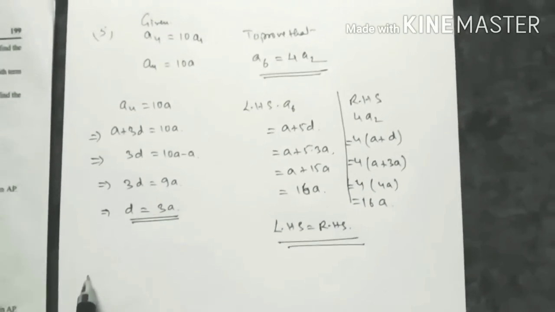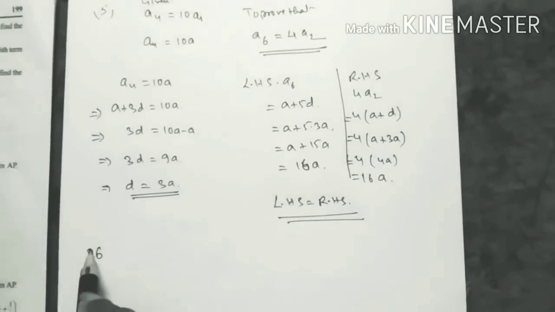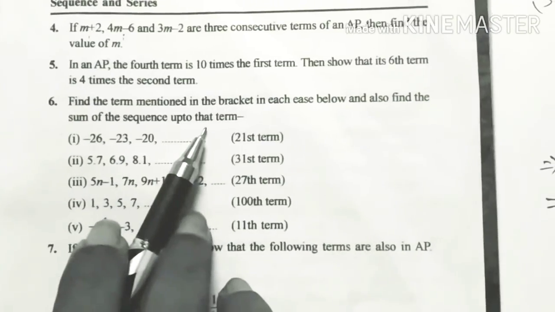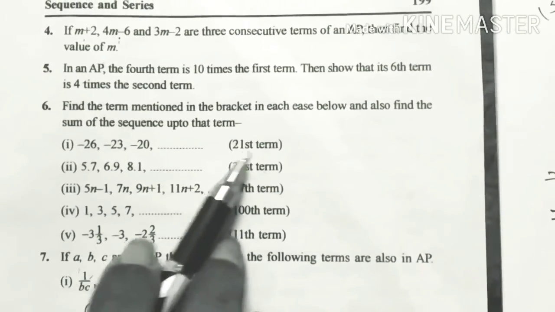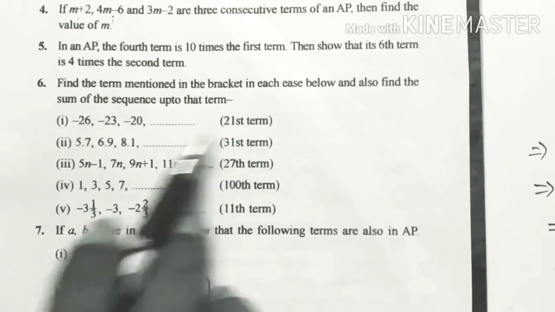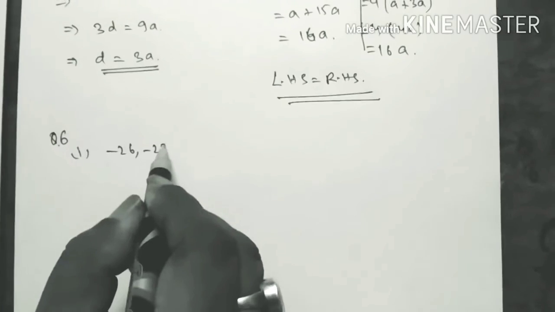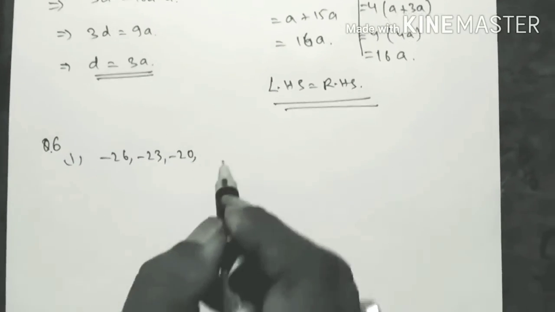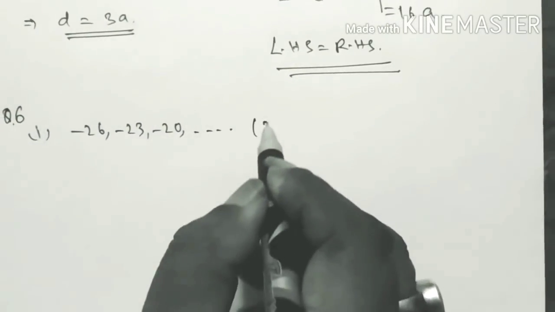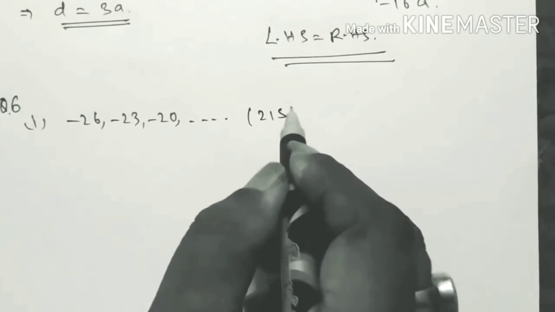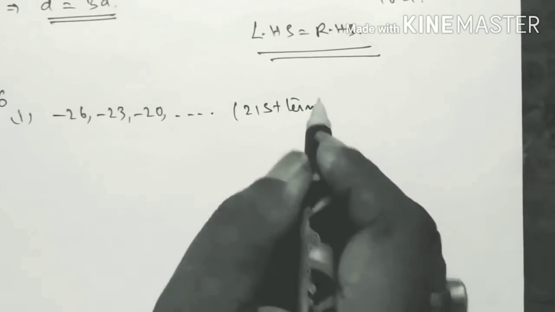Moving to question number 6. Here you have to find the sum of the sequence up to that term. The term is mentioned here in the bracket. Now I am writing the sequence: minus 26, minus 23, minus 20, up to the 21st term.